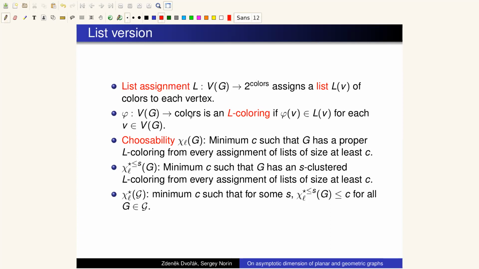A coloring is an L-coloring if the color of each vertex belongs to its list. And then the standard definition in this context is the list chromatic number, or choosability, of a graph, which is the minimum c such that this graph G has a proper L-coloring from every assignment of lists of size at least c.